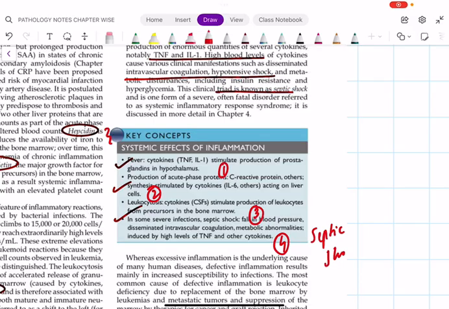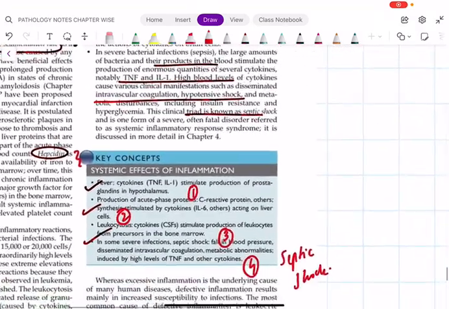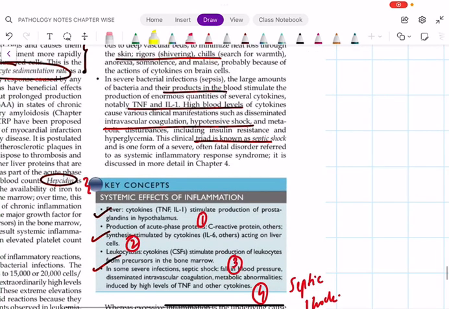What is septic shock? Because of severe bacterial infections, there will be disseminated intravascular coagulation. As of now, just remember it as DIC. In the chapter on shock and hemodynamics, we will discuss this in detail. It is also accompanied by hypotension and metabolic disturbances like hyperglycemia. The patient may go into shock.